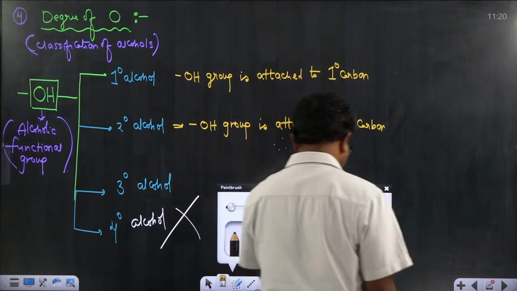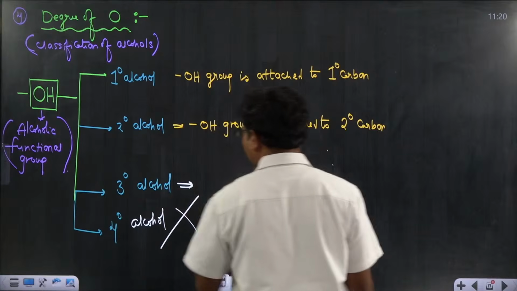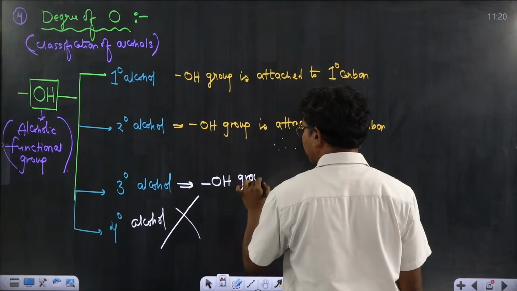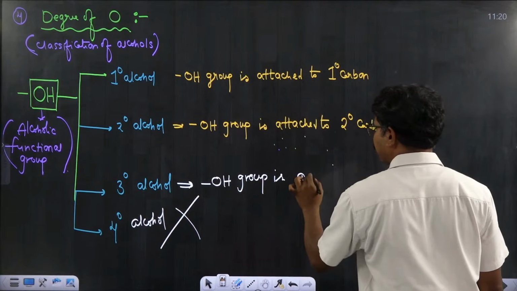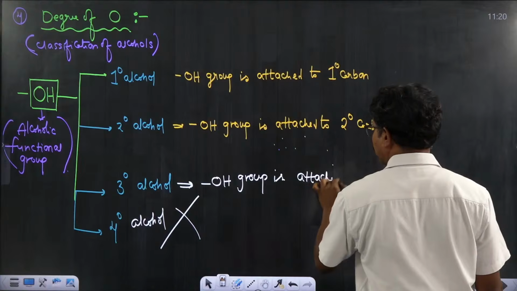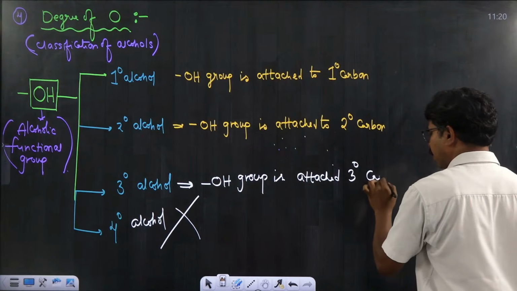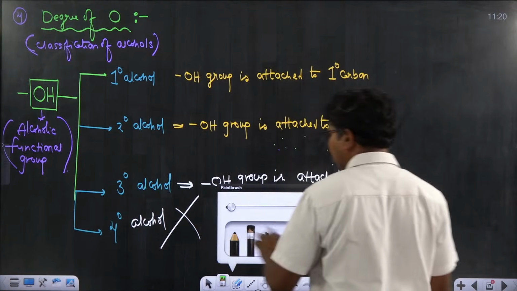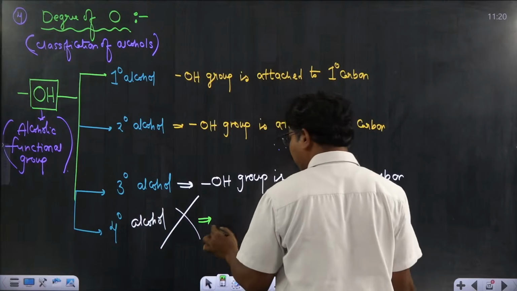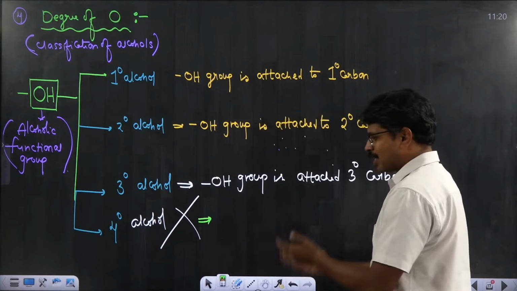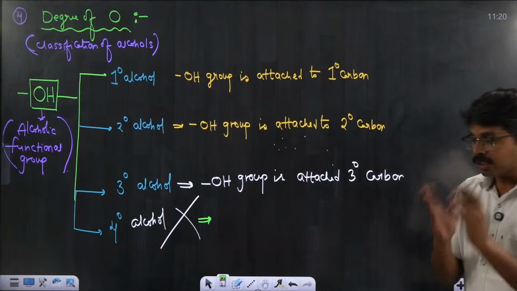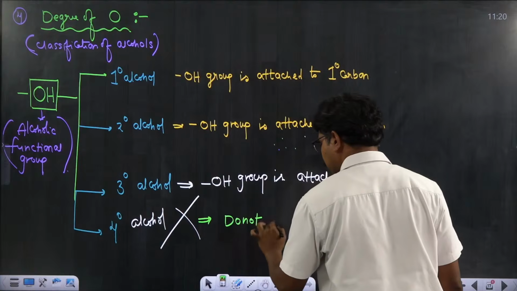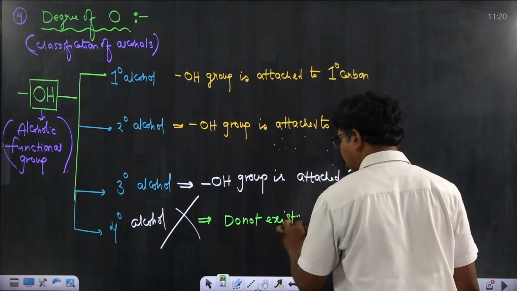In the same way, tertiary alcohol is the one in which the OH group is attached to a 3-degree carbon. As we know, quaternary alcohol or 4-degree alcohol does not exist. We don't find such a compound because carbon valency would have to be violated, which is impossible. It is not possible at all.